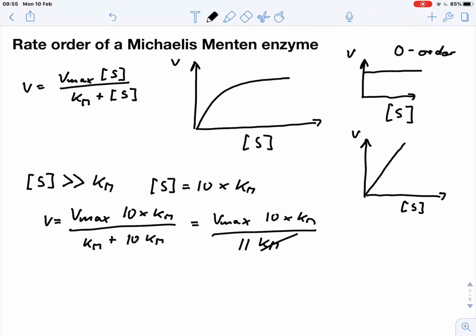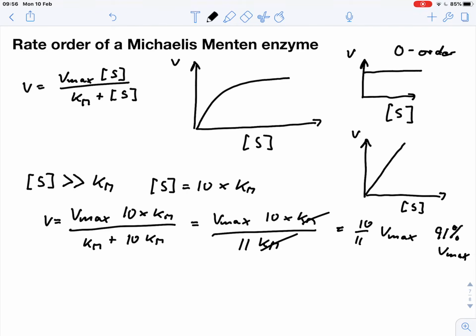We see that Km cancels out, and I have 10 over 11 times Vmax in this case, or roughly 91% Vmax. So at high substrate concentrations, we are running close to Vmax.